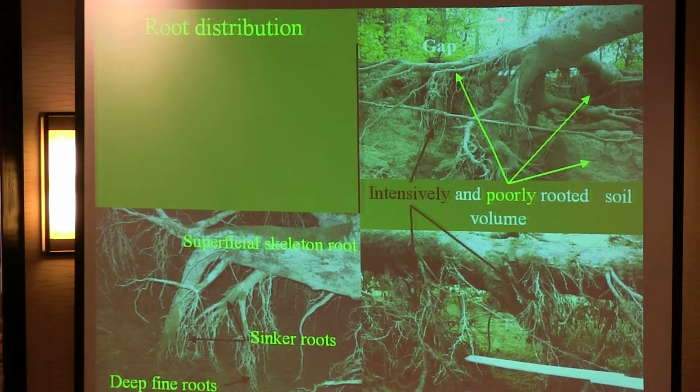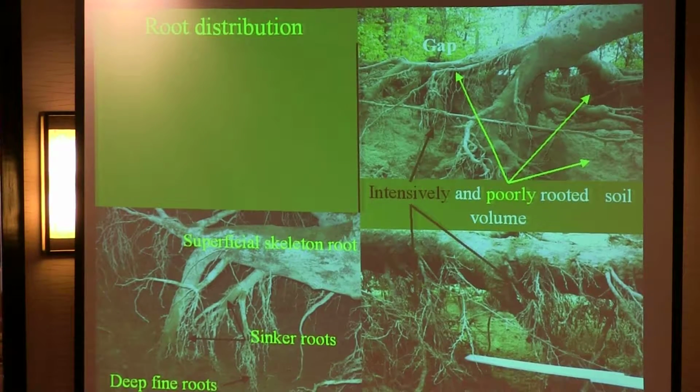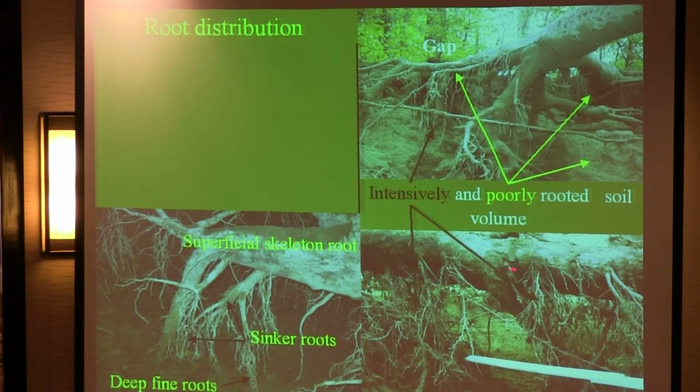Here's a gap. There are no roots of these dominant trees. But there are other places like here, and here there are plenty of fine roots. And probably the researcher will not sample through this soil. So these are just errors which arise from the sampling technique.